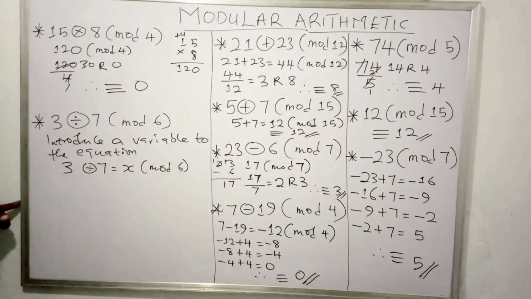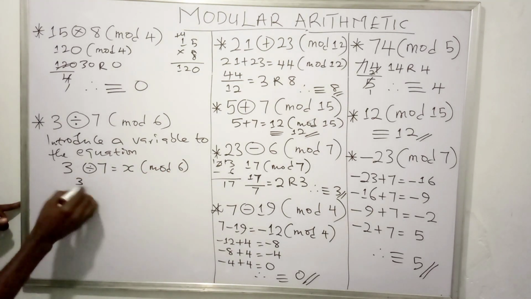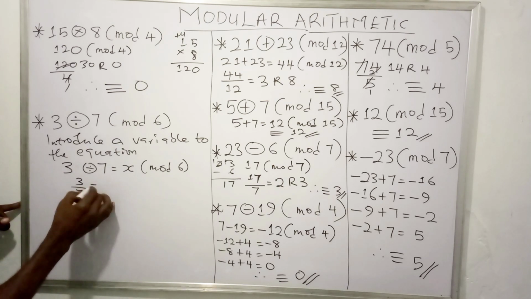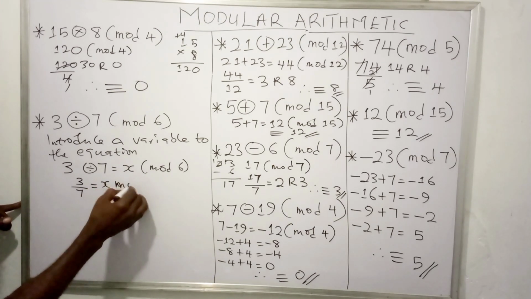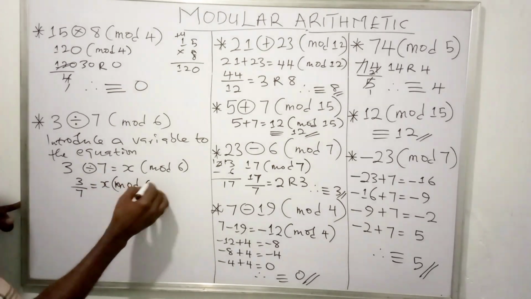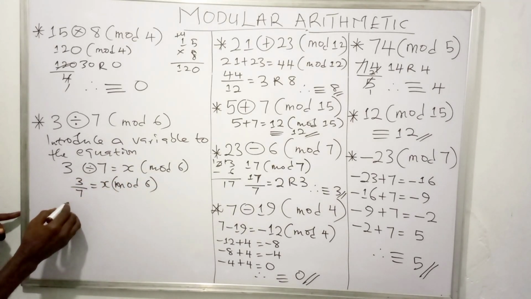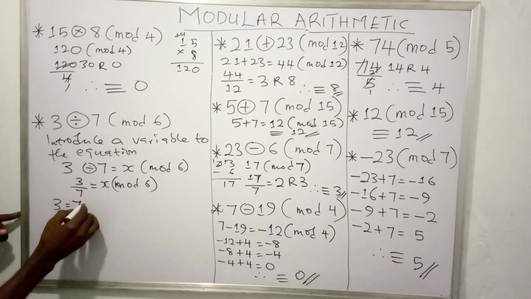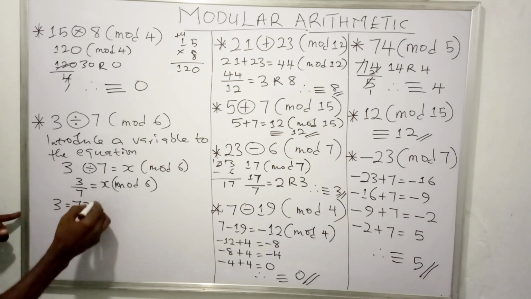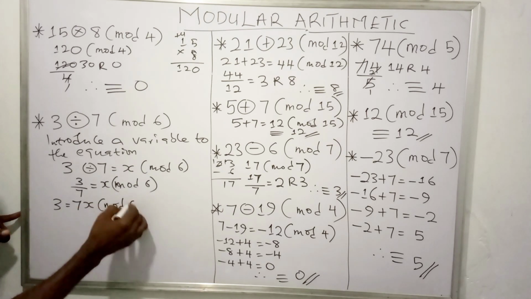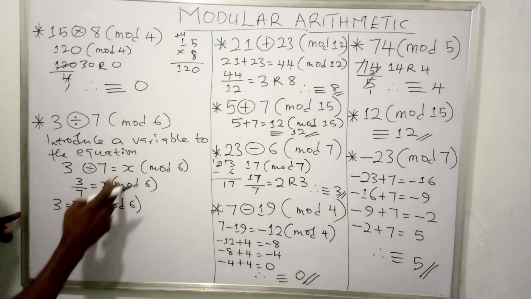If we express it as a fraction, that will be 3/7 equals x mod 6. Then if we cross multiply, this will give us 3 equals 7x, 7 multiply the x mod 6.